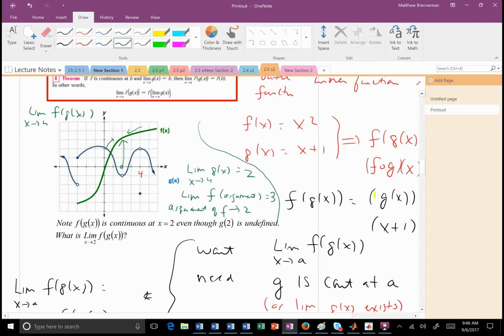And if g was continuous, it's trivial. If both of these graphs were connected, we just plug in whatever. We wouldn't even deal with it. We would just say f of g of 2, just the value of the inner function into the outer function. Yeah, just substitute. So continuity means substitute. That's how I think: continuity, evaluate, substitute.